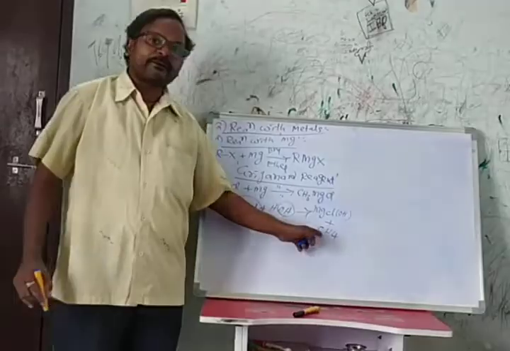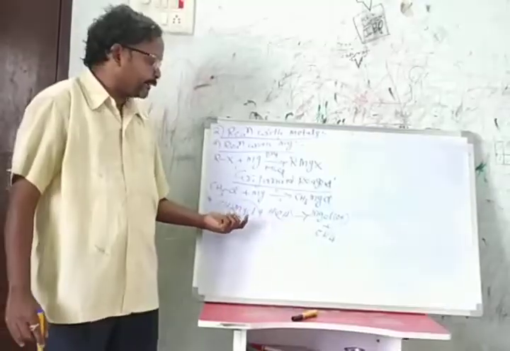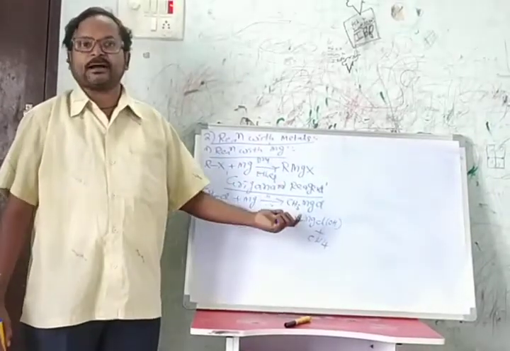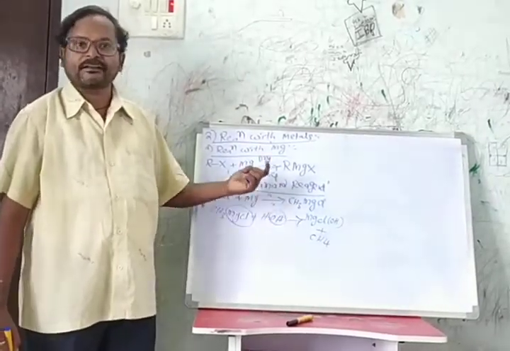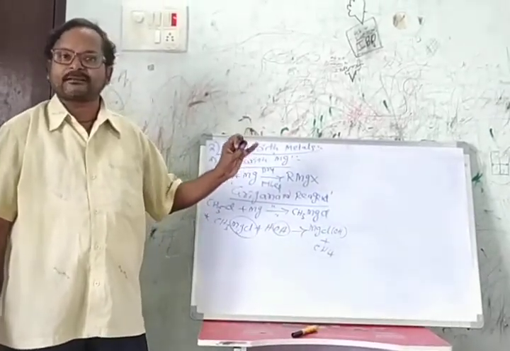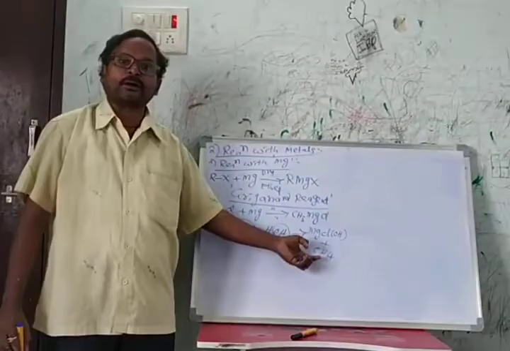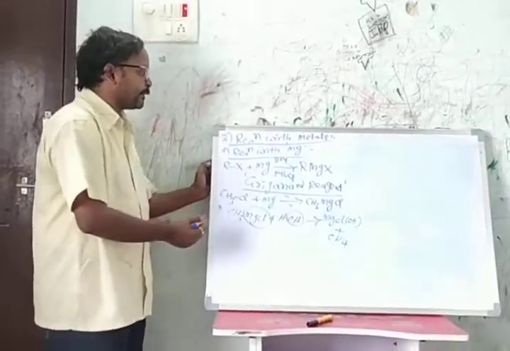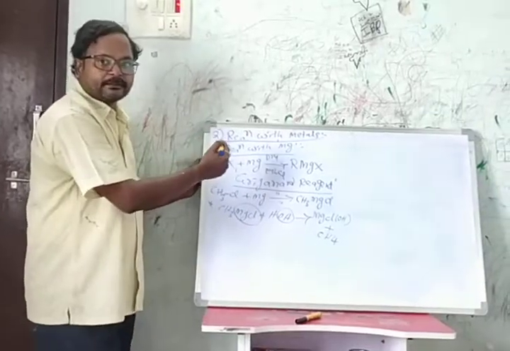Here methane was produced. That means Grignard reagent is used for the preparation of many organic compounds like alcohols, carboxylic acids, amines and hydrocarbons. This is one important reaction with magnesium.